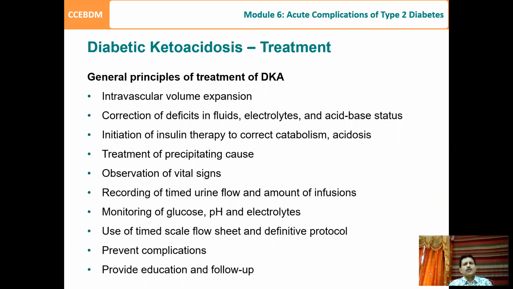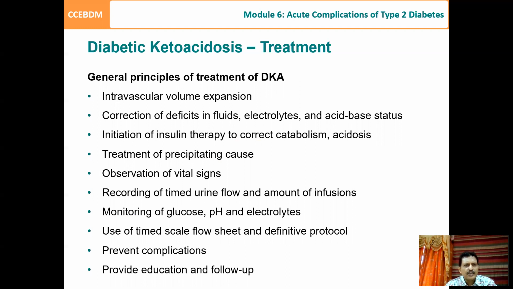If we look into the management aspects of diabetic ketoacidosis, as I've told you, the first part of the management is basically giving fluid. So if you do not know what to do with the diabetic ketoacidosis, if you do not know the dose of insulin, if you do not know how to manage the electrolyte and other issues, you don't have to do anything.